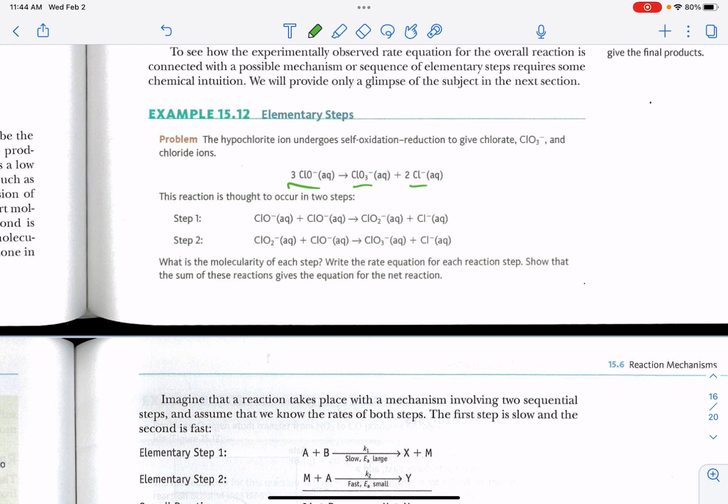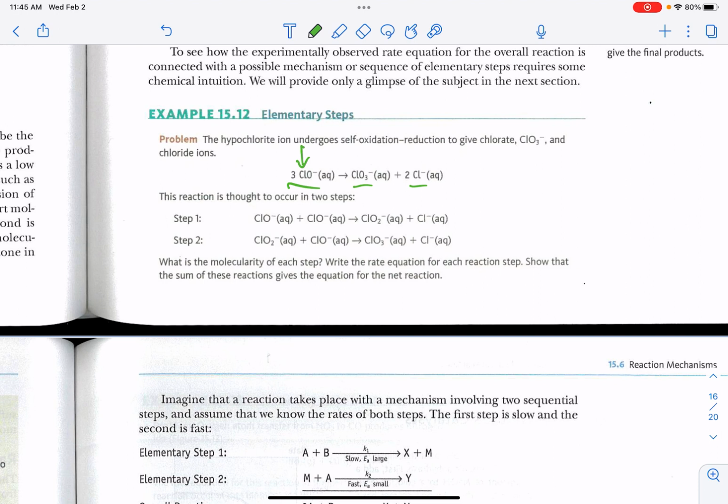And we would not expect this to be a one-step mechanism, because you've got 3 hypochlorite ions, and this would be a termolecular process requiring all 3 hypochlorite ions to strike each other at the same time and with the right amount of energy and in the right orientation, and that would be pretty unlikely. So we would hypothesize or propose a multi-step mechanism, such as the one presented here in 2 steps.